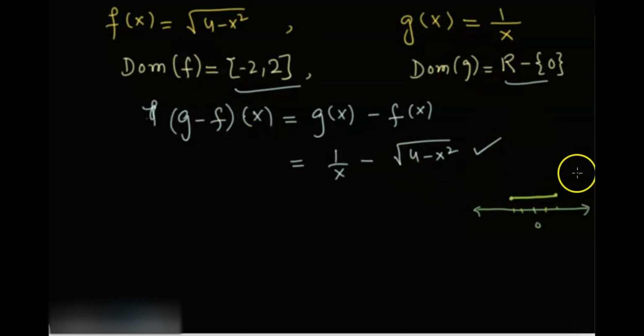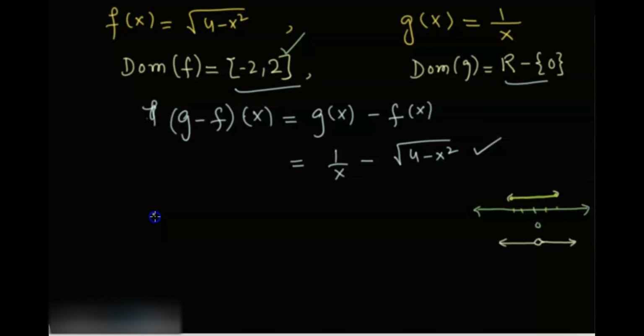What is the domain of g? The domain of g is all real numbers except 0. Now you need to see which part is common in both, or what is the intersection of these two sets. So the intersection is going to be this set, but minus 0. 0 will not be included.